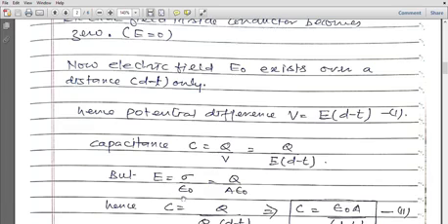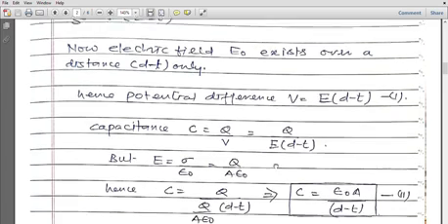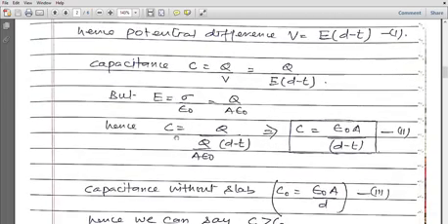Now in vacuum, permittivity is epsilon 0. So E0 is equal to sigma upon epsilon 0. Sigma here is charge density, that is charge per unit area. So it is Q upon A epsilon 0. Substitute this value here. What are you going to get? C as it is, Q as it is, Q upon A epsilon 0 into d minus t.